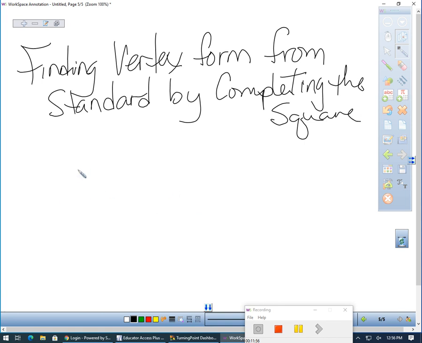All right, so let's say I have y equals x squared plus 6x minus 3. We want to write this in vertex form, okay? Now, we can do negative b over 2a. That's one approach. That's what we already did, right? But the other way is by completing the square.